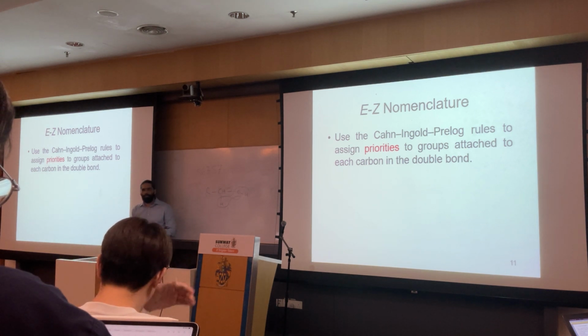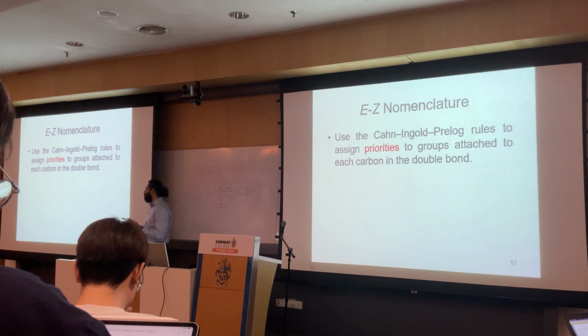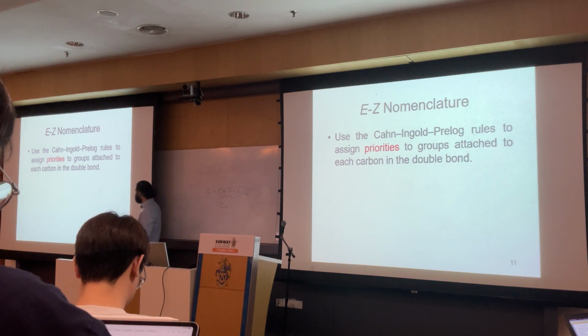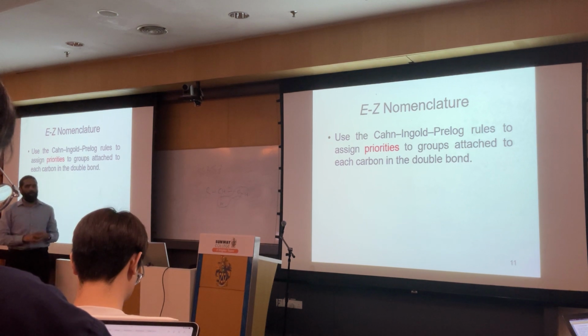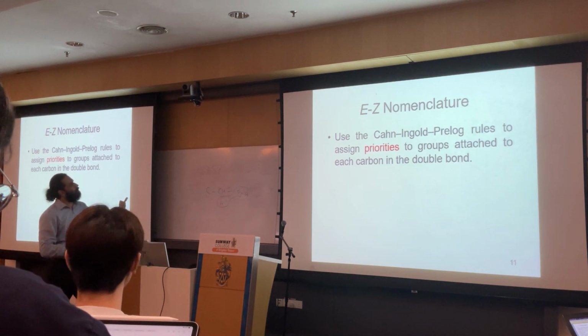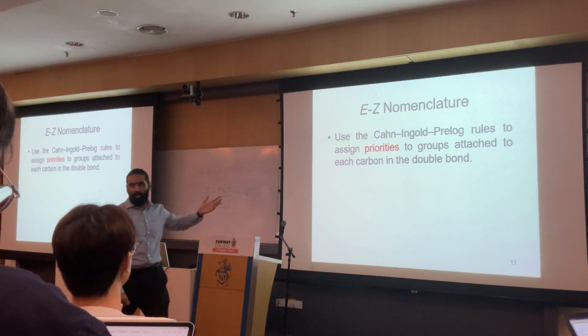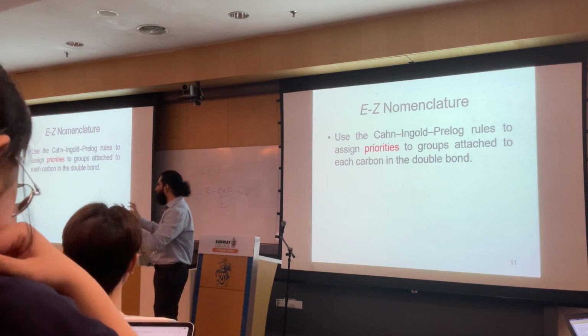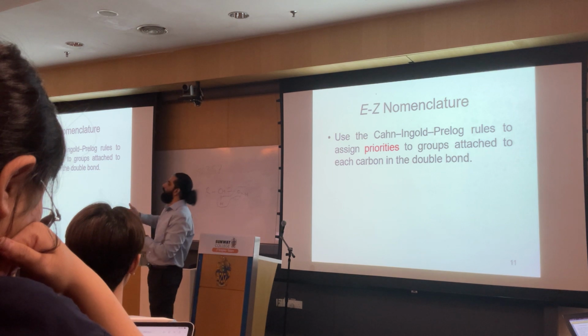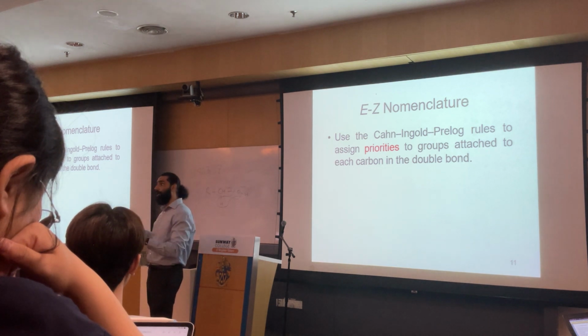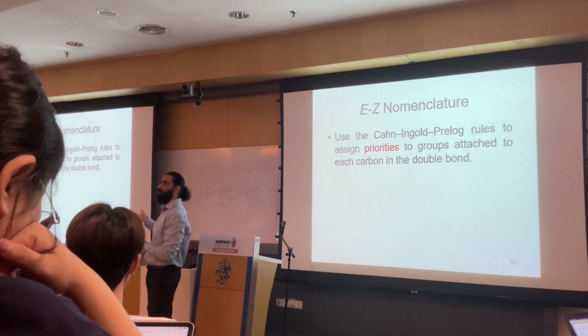But to do that, you might not have studied this before, so I will take some time here, don't worry. So E and Z nomenclature comes from a newer convention. Like IUPAC is a body, you know the full form, right? International Union for Pure and Applied Chemistry. That's a governing body which decides on these rules.